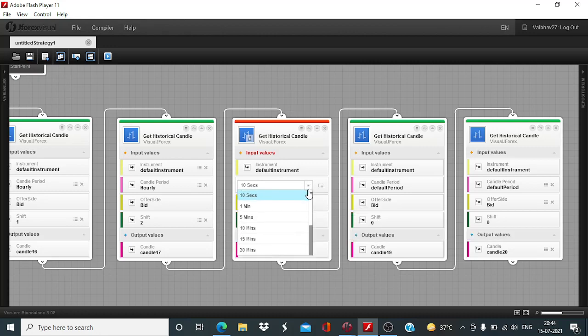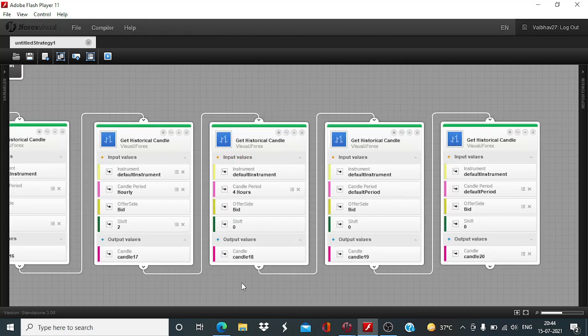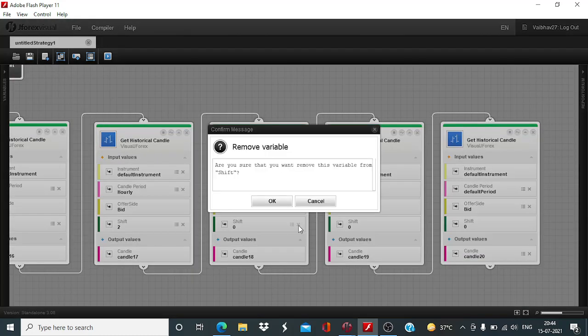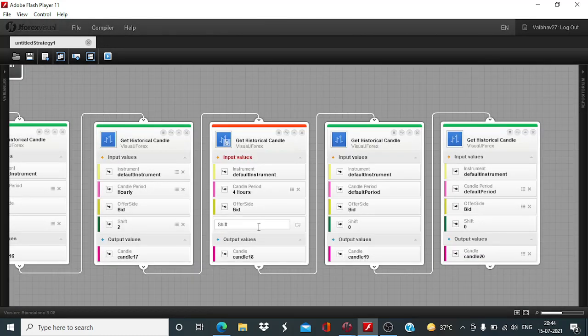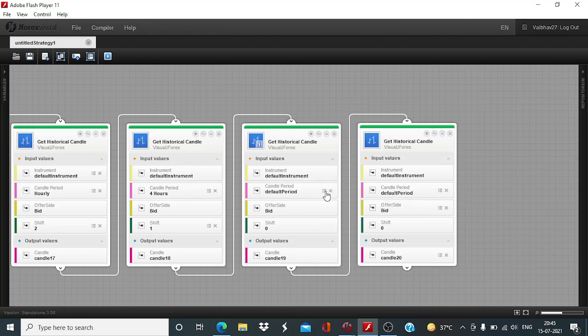For this block, the candle period is going to be of 4 hours, and the shift value is going to be 1, and these two will be of 10 seconds each. Shift value of 1 and 2 respectively.